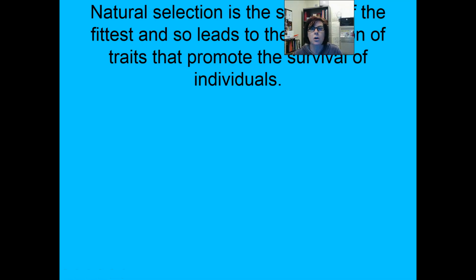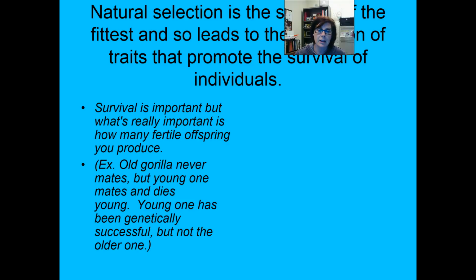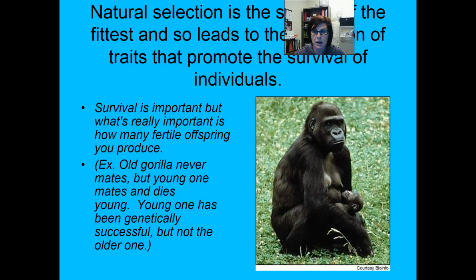All right, so misconception number 1: natural selection is the survival of the fittest, and so it leads to the evolution of traits that promote the survival of individuals. That sounds pretty good, right? But yes, you want to survive, but it's not about how long you survive, it's about how many of your genes you get into the next generation.